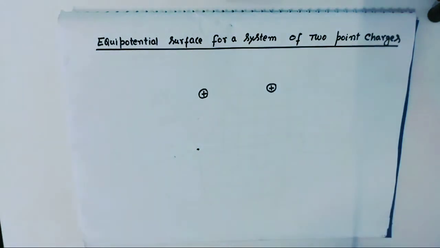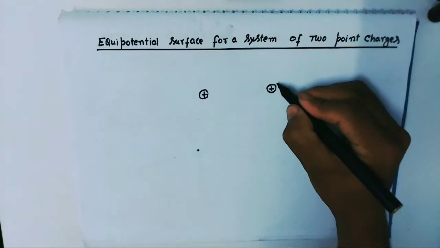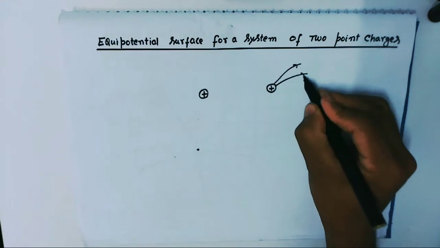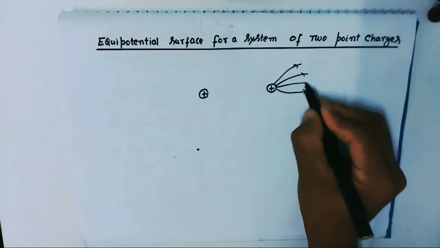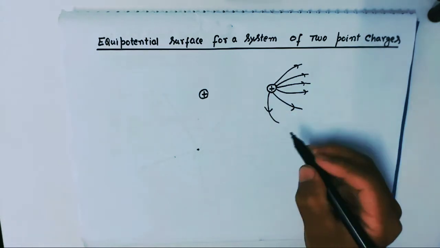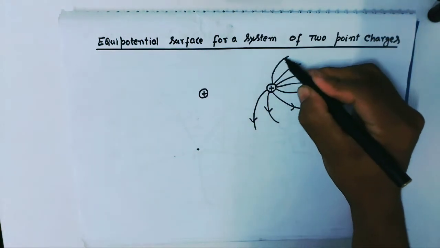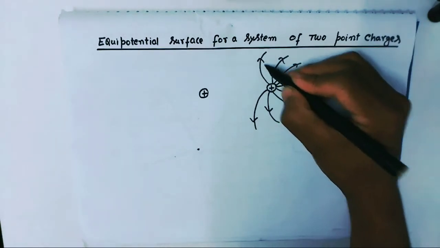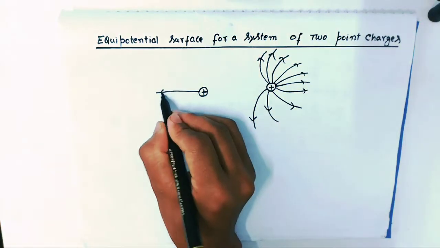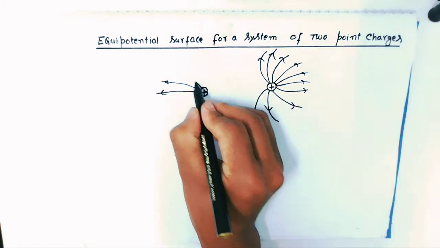Since this is plus, the electric field lines of force will come out like this, like this, like this, and then like this.